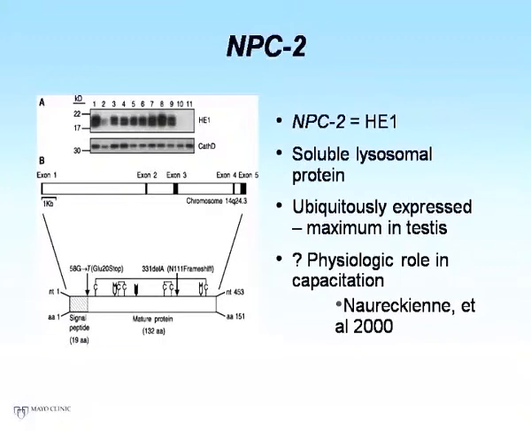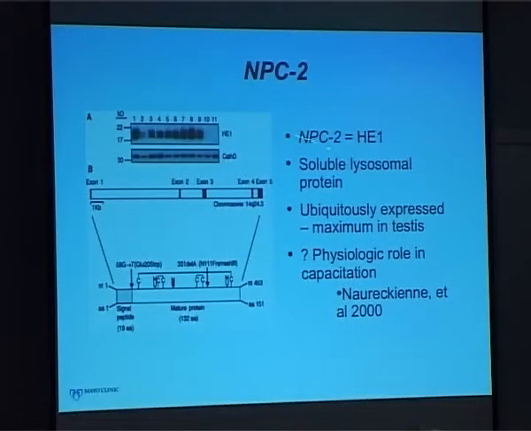Now, before it was understood that this caused Niemann-Pick C, it had a different name. Zanim zrozumiano, że to właśnie on wywołuje chorobę Niemanna-Picka, miał zupełnie inną nazwę. Because this protein is expressed in the epididymis, which is related to the testes. Ponieważ ten gen jest związany z najądrzem, a to z kolei funkcjonuje z jądrami. And we think it plays a role in a normal physiologic function called capacitation, which is what makes sperm fertile.